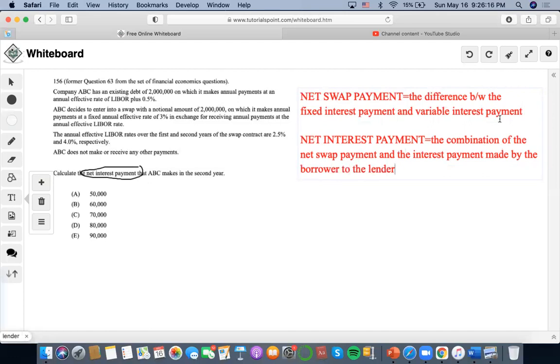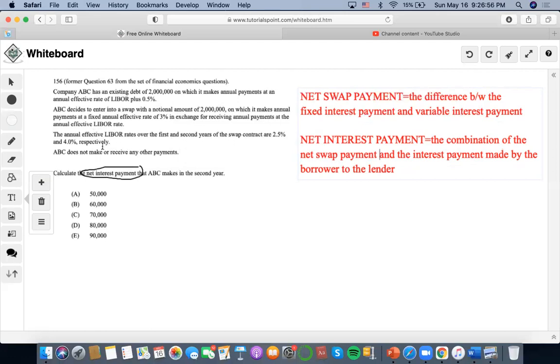So basically, a net interest payment is just like a net swap payment, where we're subtracting, but it also incorporates the concept that the borrower must pay interest payments. So it's basically interest payments within the framework of a net swap payment, where we subtract the variable interest payment from the fixed interest payment, right?